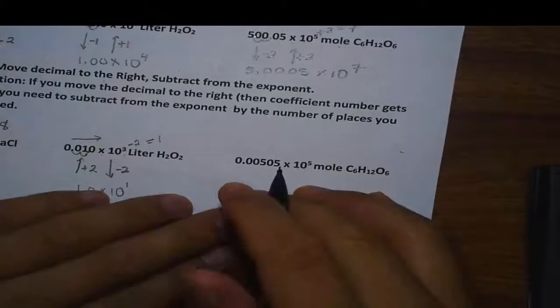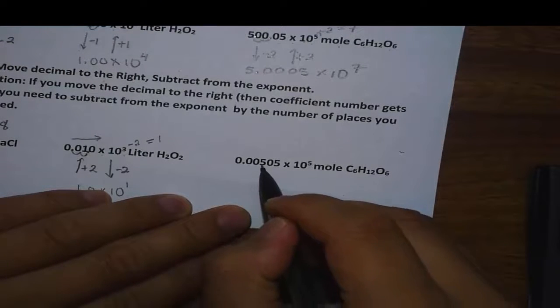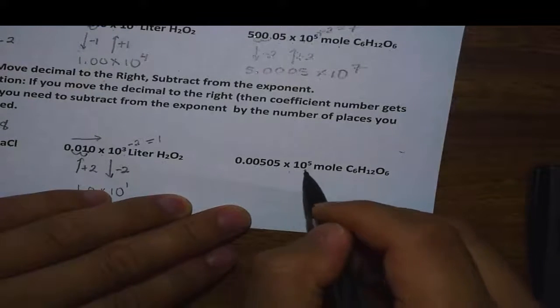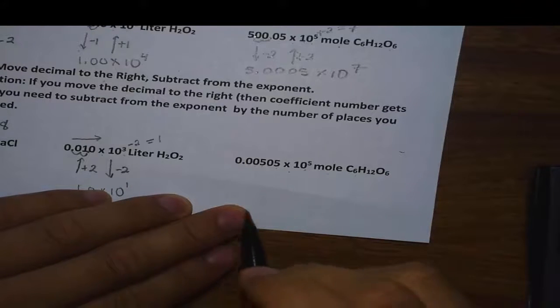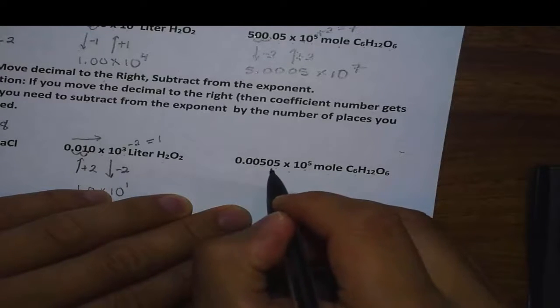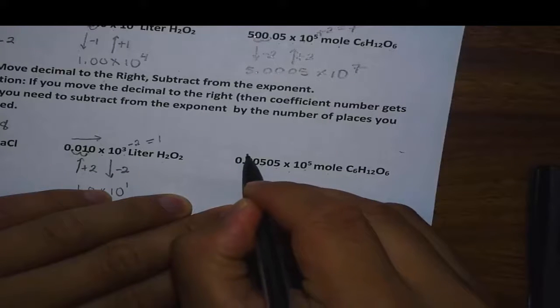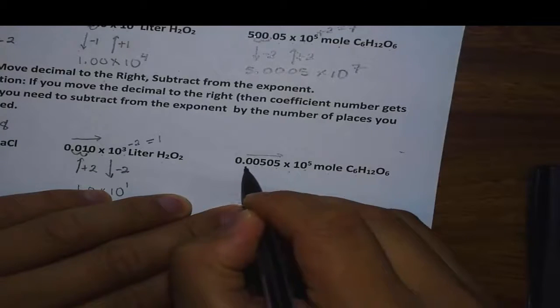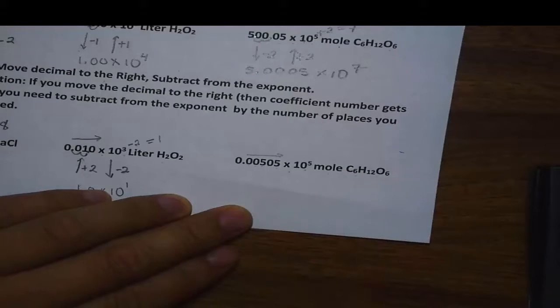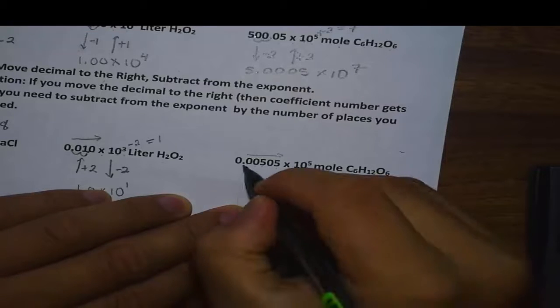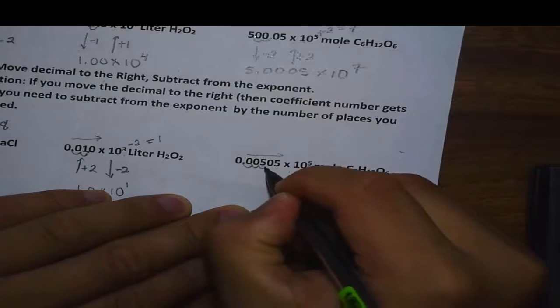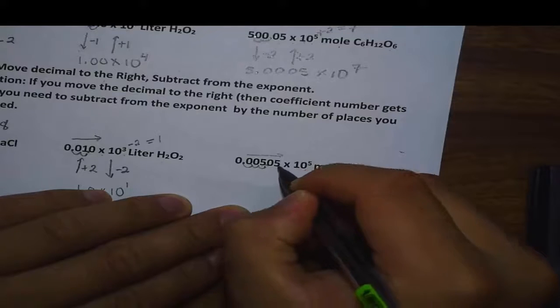Let's do another. Here I have 0.00505 times 10 to the 5th moles of glucose again. Because this is a lot smaller than 1, we have to move the decimal this way to make the value of the coefficient greater than or equal to 1 but less than 10. So 1, 2, 3. There you go. We have 5.05.